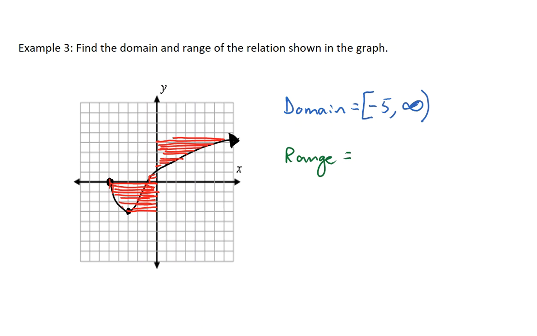Again, I kind of think of this as the shadow this graph would cast on the y-axis. If there was a sun over here, what would be the shadow on the y-axis? Or for this bottom part, where would the sun not shine?